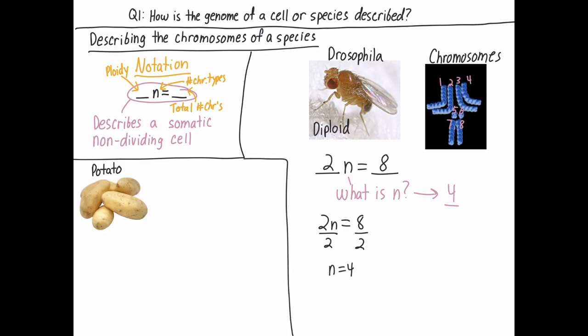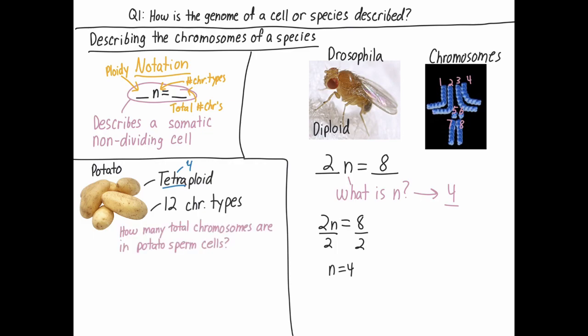Commercially sold potato varieties are tetraploid. If there are 12 chromosome types, how many chromosomes would be in potato sperm cells? I'll give you a moment to pause the video and try to figure this out. Okay, so since potato is tetraploid, there are 4 copies of each chromosome type. So the number in front of n is 4.